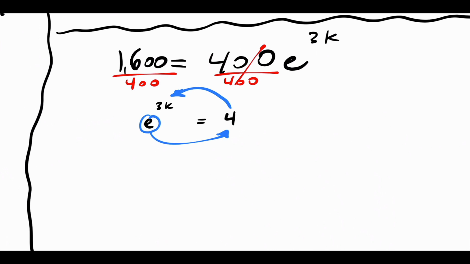That's something you did in Math 3, which we're going to be needing a lot this chapter. If you're having issues converting from exponential to log and log to exponential, look that up, because that's going to be super important. So log base e of 4 equals 3k. In other words, natural log of 4 equals 3k.